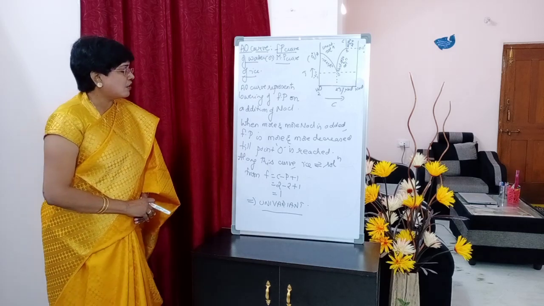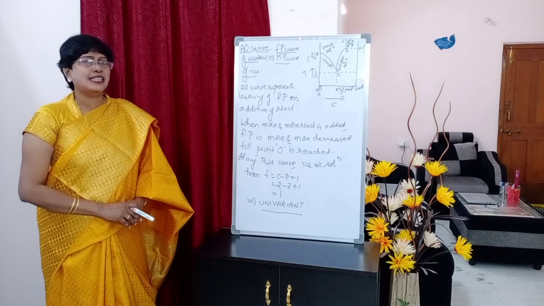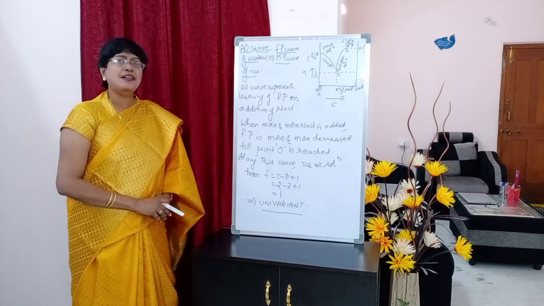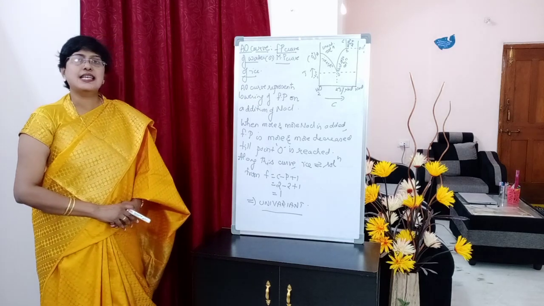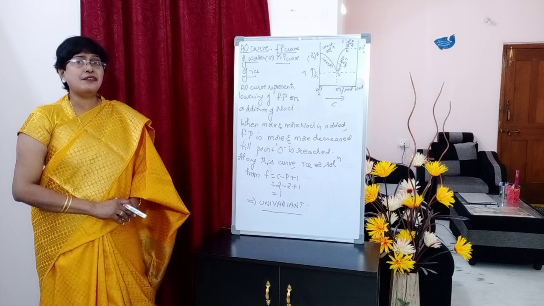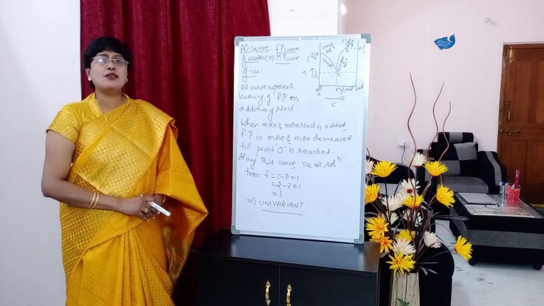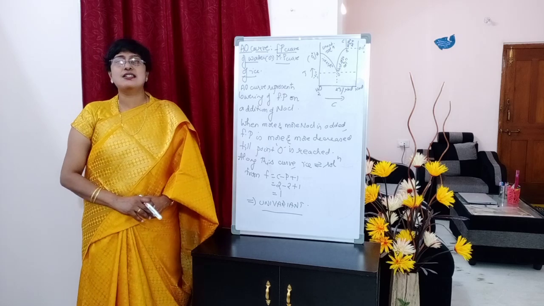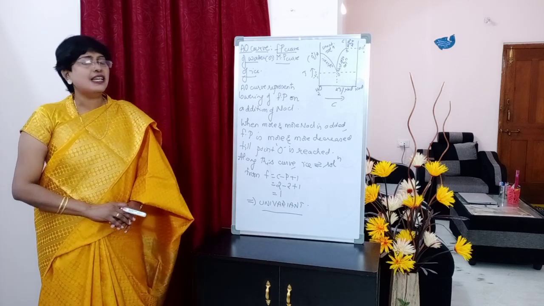So, how many components, students? Two components. What are they? Salt and water. So, how many phases? Ice and solution. 2 - 2 + 1 is equal to 1. So, it has 1 degree of freedom. What does it mean? Either temperature or composition can be changed so that the phases existing in equilibrium will not be disturbed.